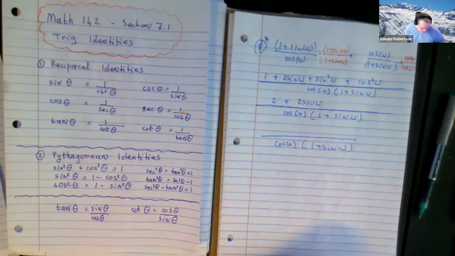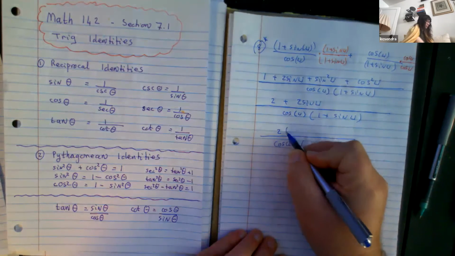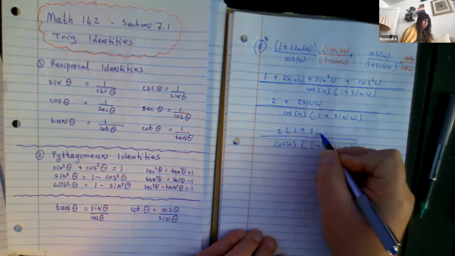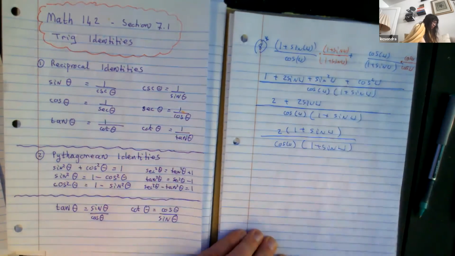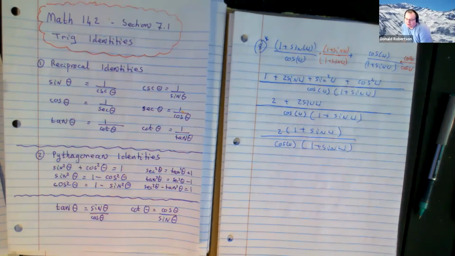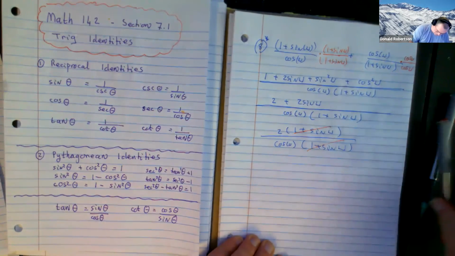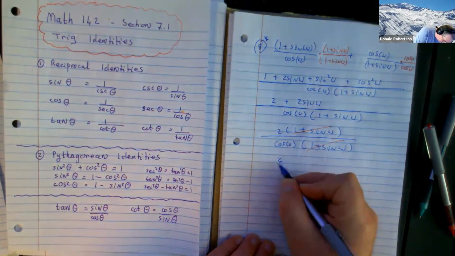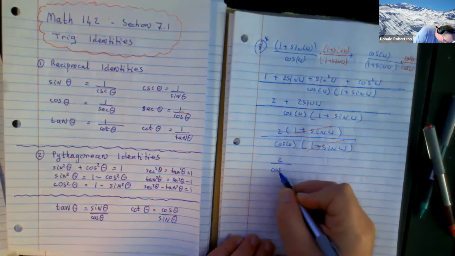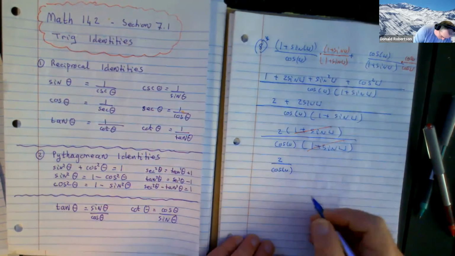Factor out a 2. And something kind of magic happens. Do you see something magic happen? We get a cancel, which means that we have a very nice fraction.